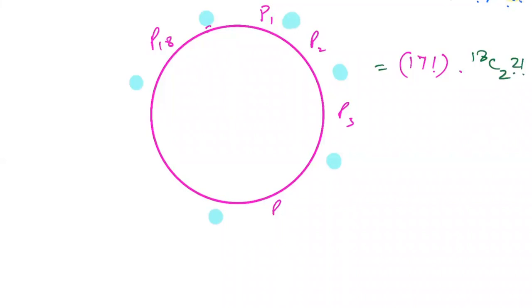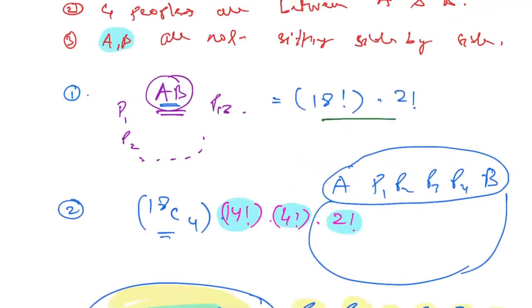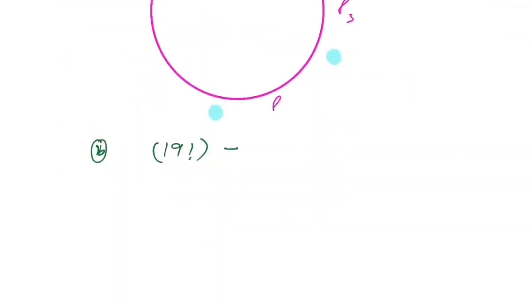not sitting together, right? Or what we can do, right? Total number of people are 20. So in factorial 19 ways they can arrange. And if A and B are together, we know that this is factorial 18 into factorial 2, right? So this is the total number of arrangements, and this is the arrangement when A and B are together.